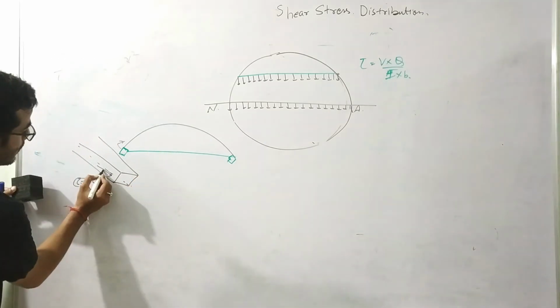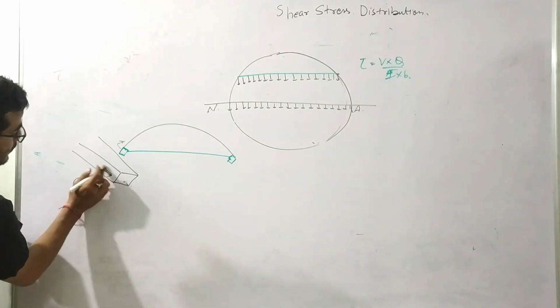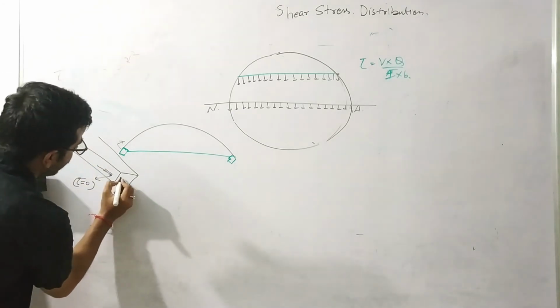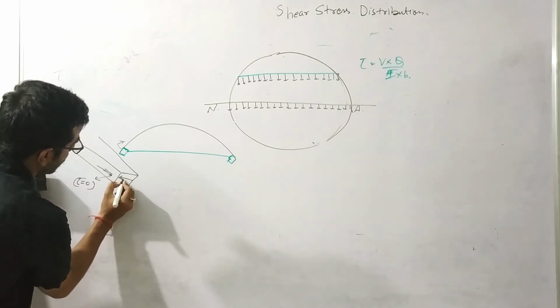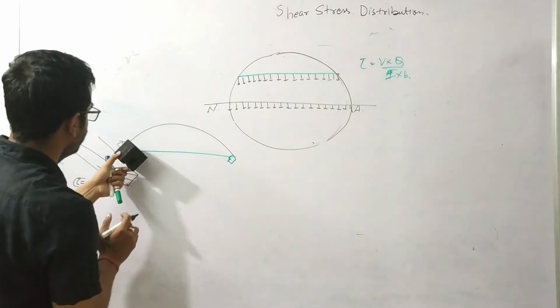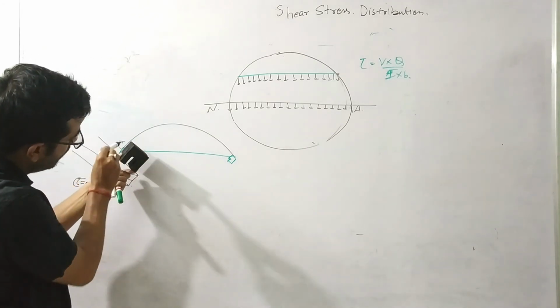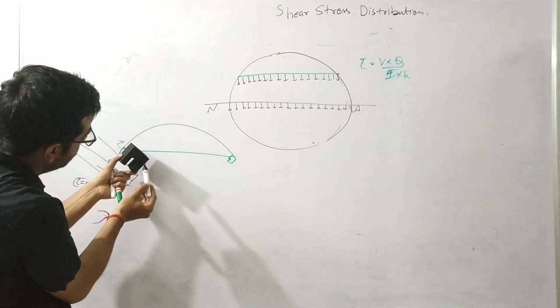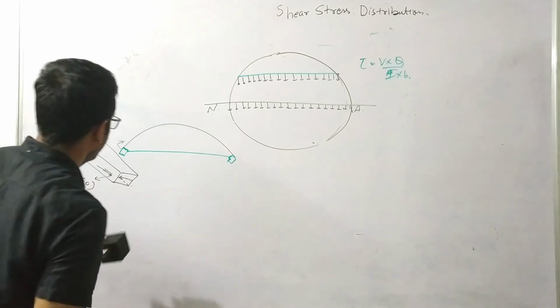The complementary of which will also be 0 due to the complementary concept. This tau is 0, and the complementary of which will also be 0.